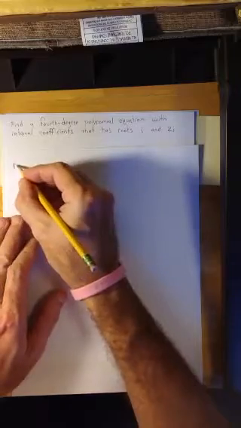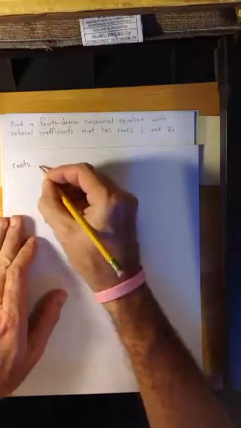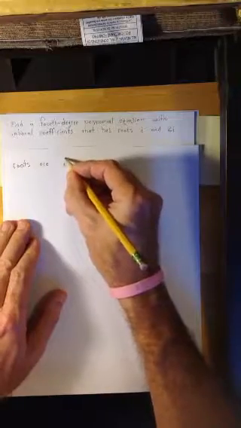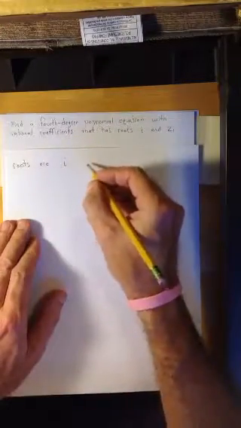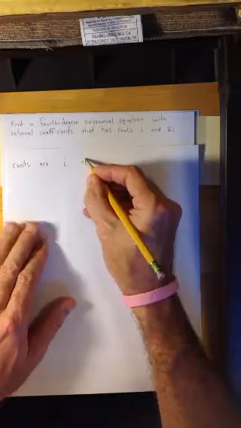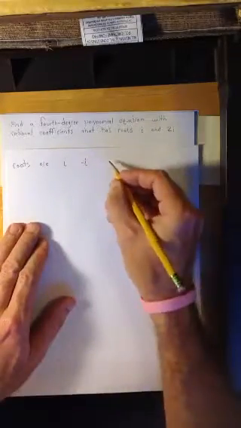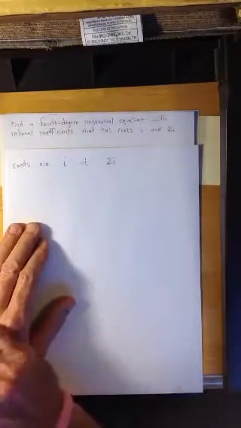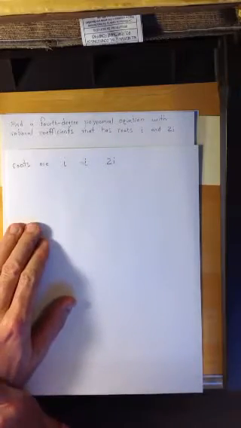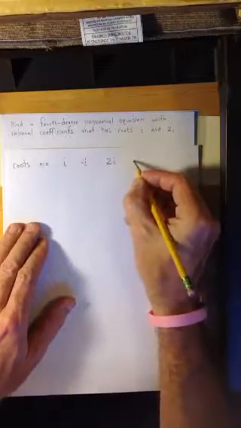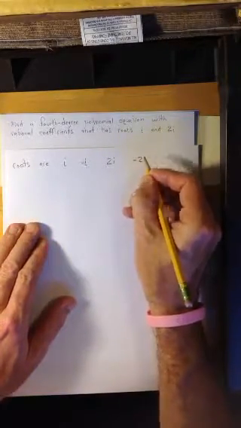Let's rewrite our roots. Roots are i. They gave us i. If we have i, we know there's another root at negative i. And then they gave us a root of 2i, so the conjugate of that is going to be negative 2i.